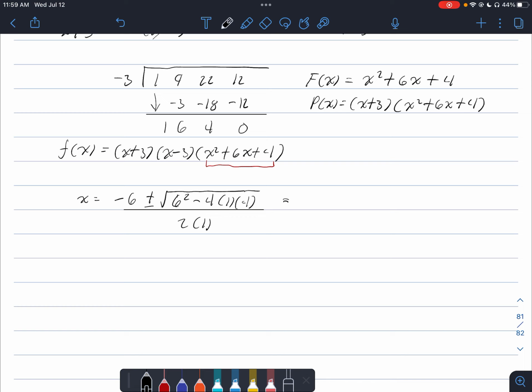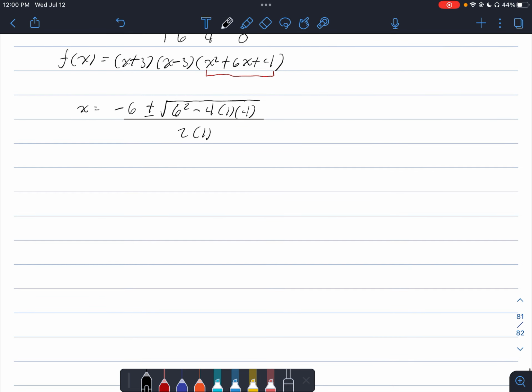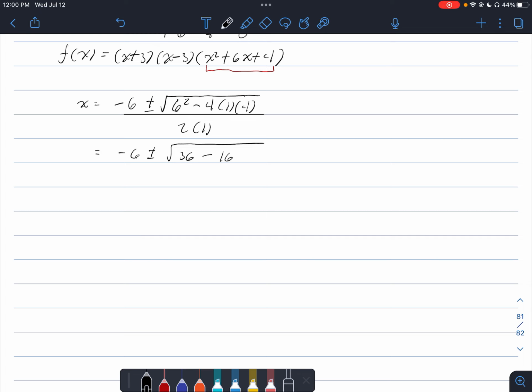Okay, so here we get -6 plus or minus the square root of 36 minus 16, all over 2. 36 minus 16 is going to be 20.